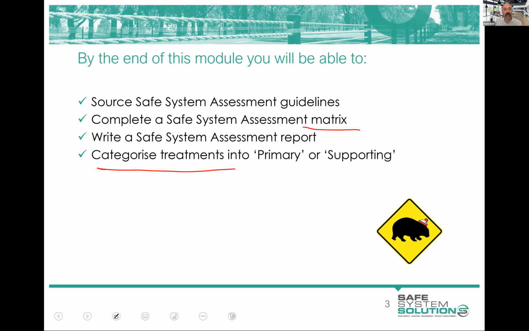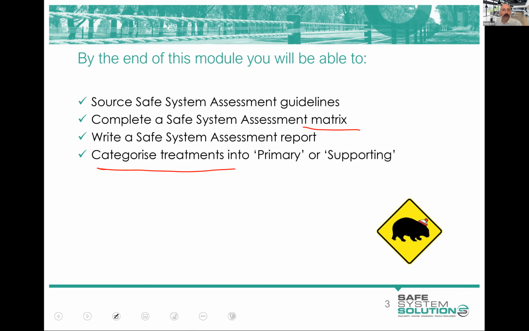It's also very much squarely in the safe system assessment framework. And actually, Kathy will probably later on bring up the safe system assessment framework, the Austroads document, because there's some really useful assistance in there in categorizing primary and supporting, because it's something that people new to this have a little bit of trouble with. But we'll get into that as we go.